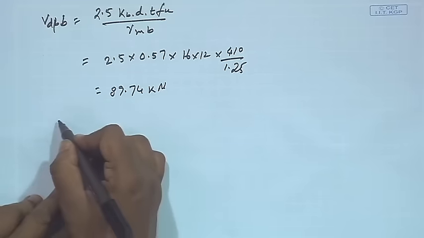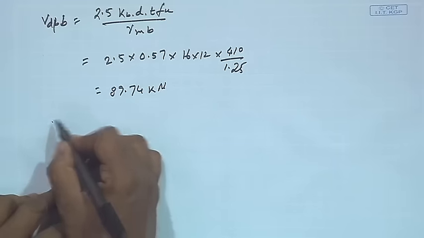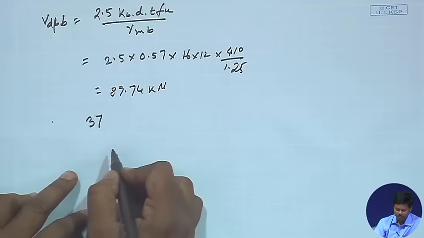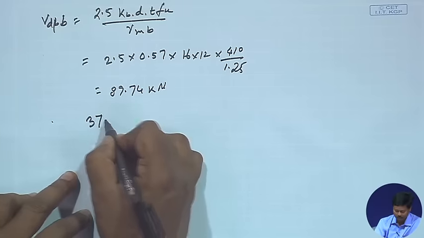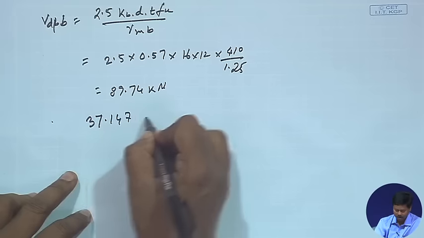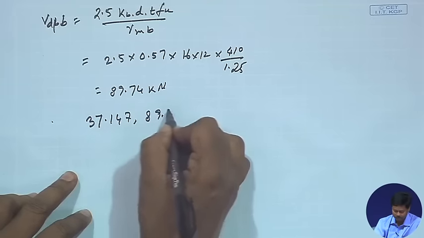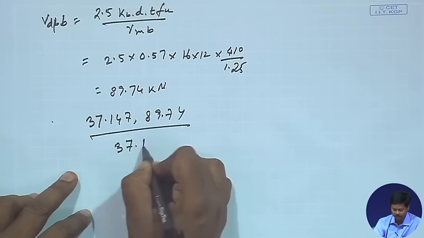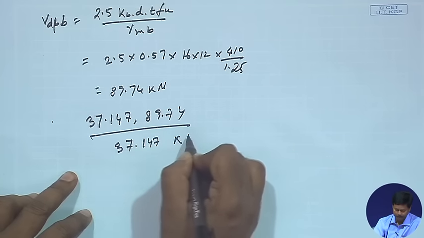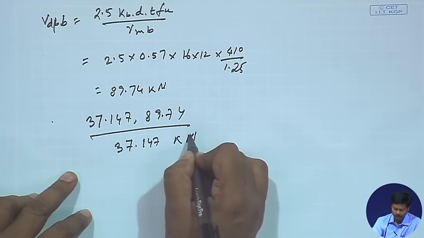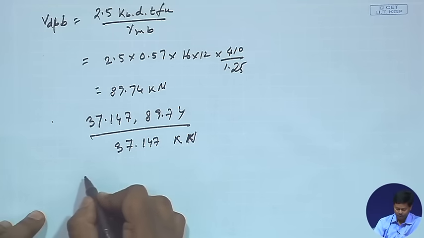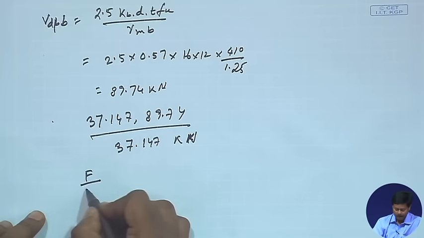So, the strength of the bolt is the lesser of these two, 37.147 and 89.74. So, the strength of the bolt will become 37.147 kilonewton, right. So, the number of bolts required will be the force by the bolt value.